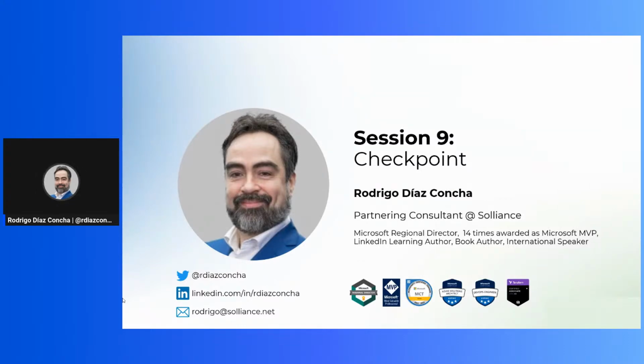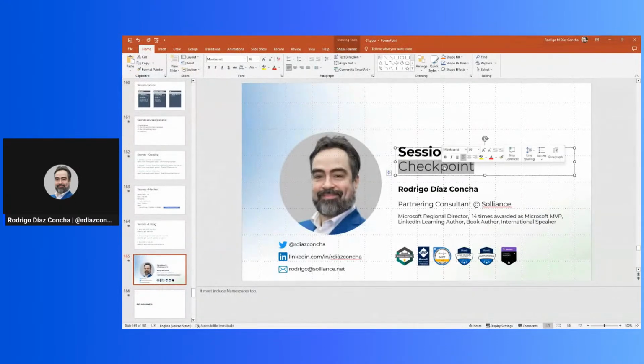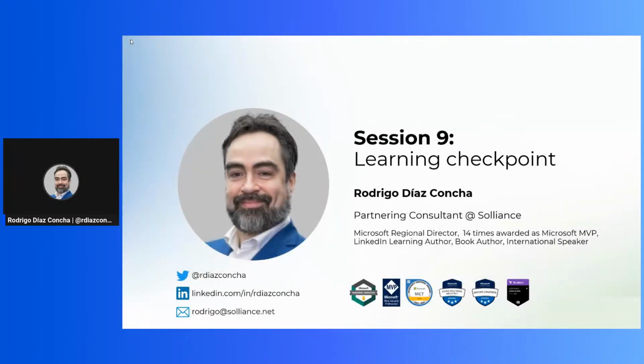And in the following session, we're going to do a learning checkpoint, okay? Checkpoint is not a feature about Kubernetes. It's not an object. I just want to review the entire 8 sessions that we had already, okay?